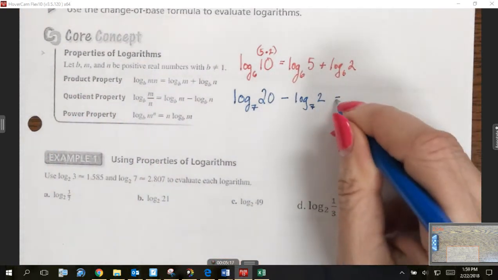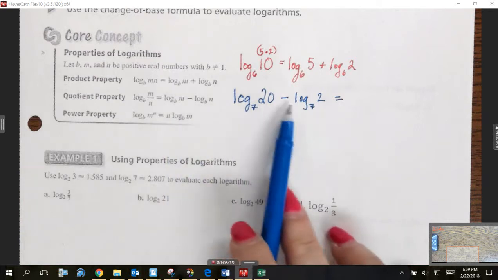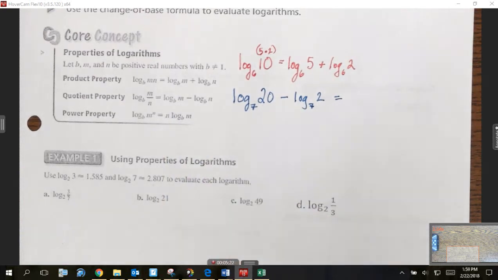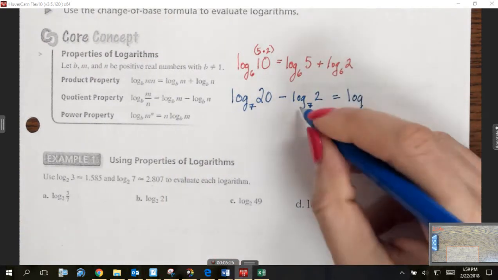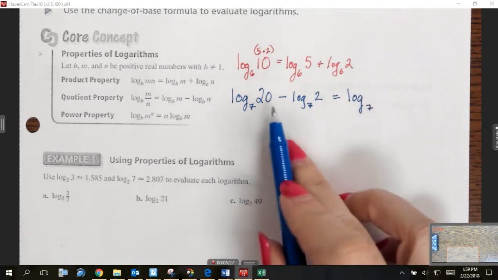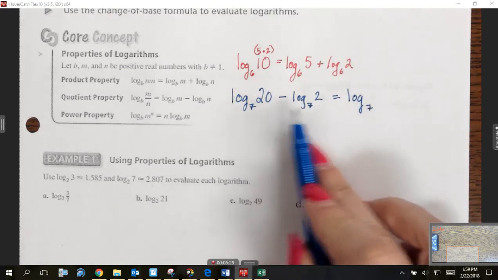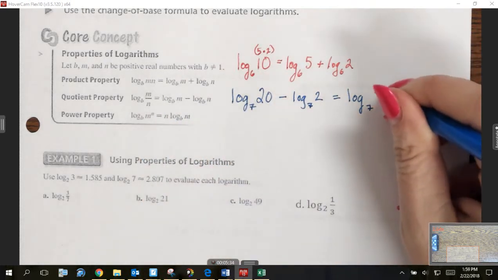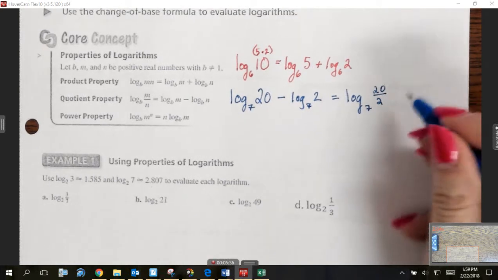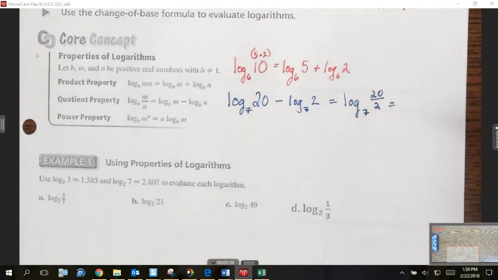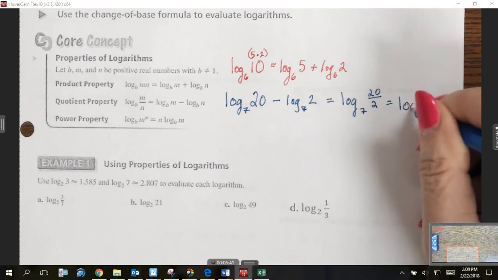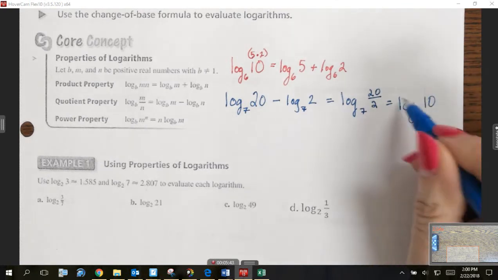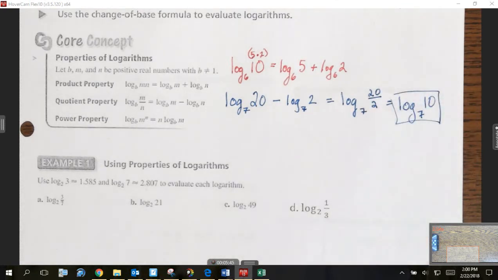Using this property, I can condense this down to one single logarithm, and that's still going to have the base 7 because they're the same. What will I do with the 20 and the 2? I will divide them. I will do 20 over 2. And I might want to do that because 20 over 2 does reduce to 10, so we would be able to do that using our properties we're learning right now.